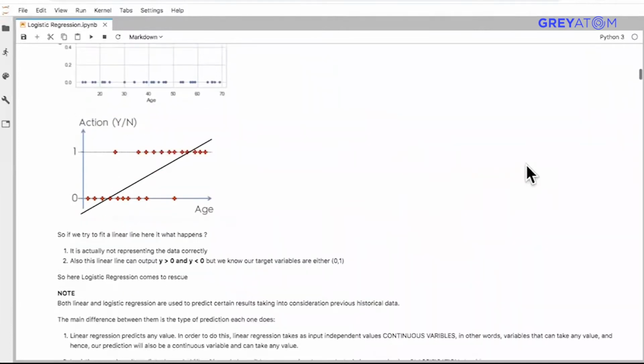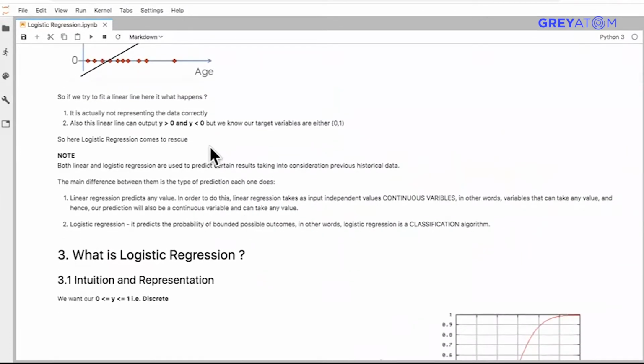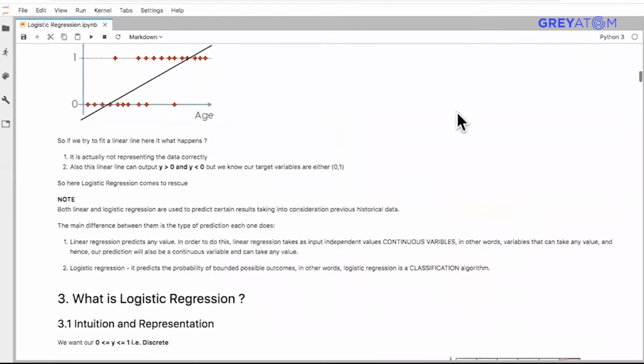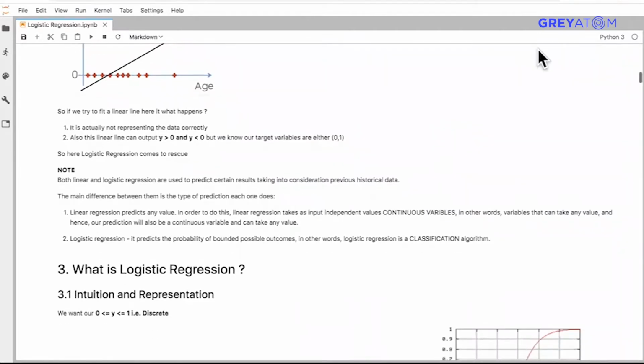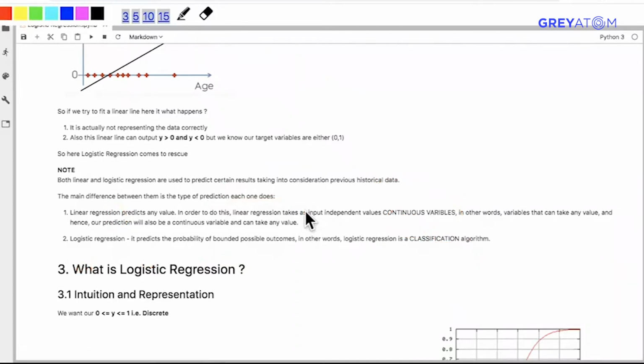So this is the exact difference between linear and logistic regression. We would always want our target variable to be either 0 or 1. But there are some common similarities between linear regression and logistic regression. Both of them predict something, right?